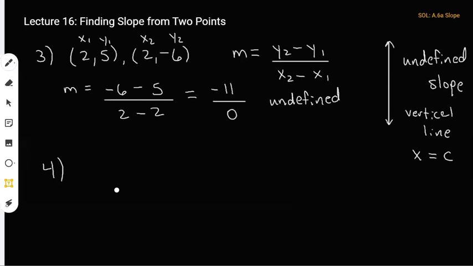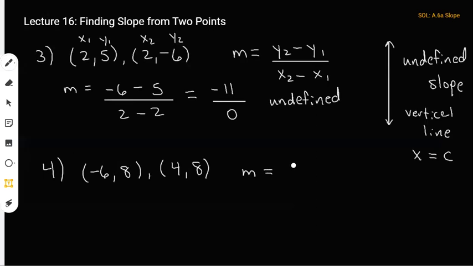All right, the last one we're going to do is number 4. So this one, it gives us 2 ordered pairs, -6, 8, and 4, 8. Now this time, I'm going to do it the opposite way.